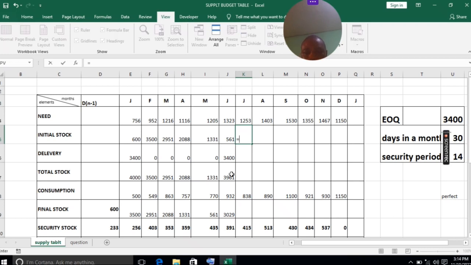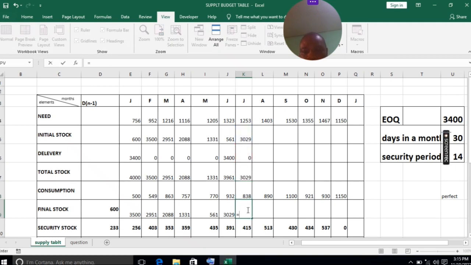Opening stock in July equal to 3,029. Then we compare. Initial stock is greater than need, no replenishment, zero replenishment. Total stock is equal to opening stock plus zero replenishment, is equal to that.